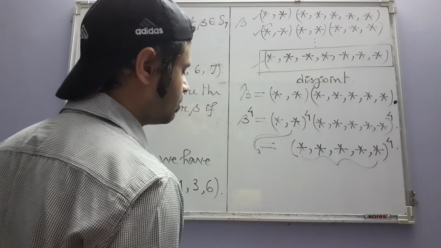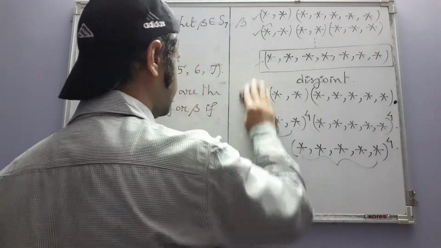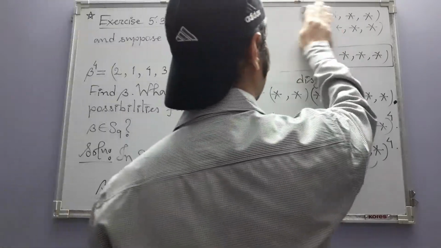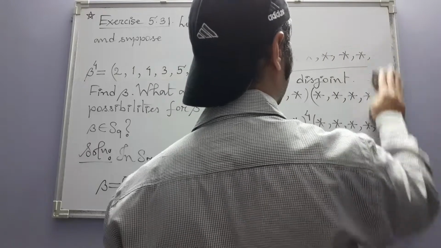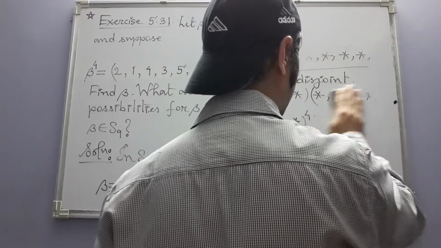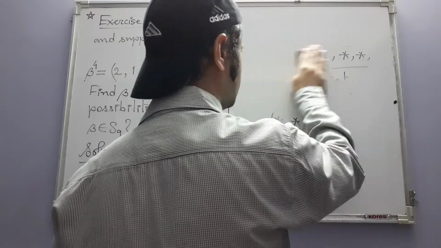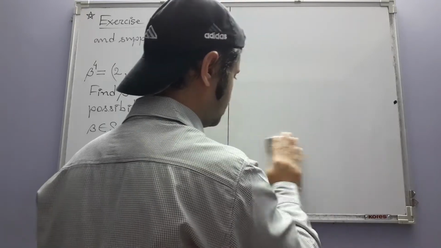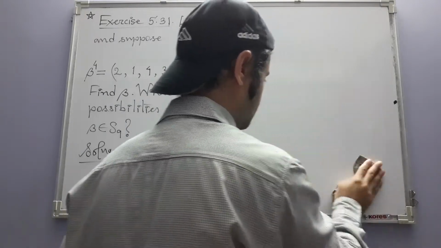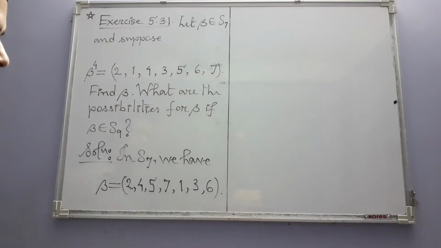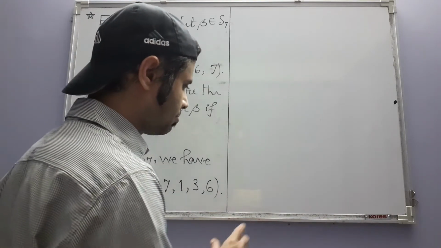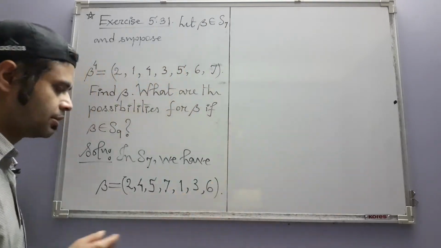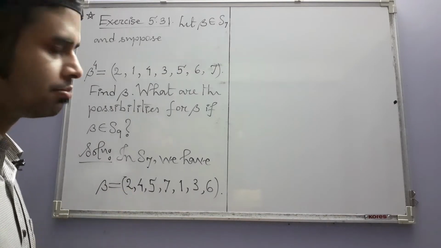So here we have seen what we had to see pretty much, so I am cleaning this part. Now, having seen this much, you may think that you will just simply, by some argument, be able to immediately write beta because it's a 7 cycle, but still we need to put some effort.